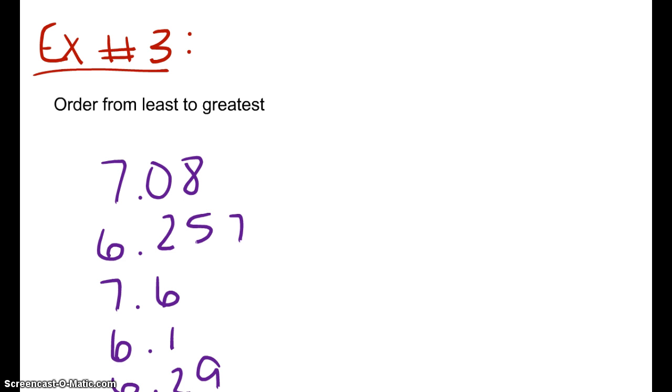Okay, ordering them from least to greatest. Doing the same thing. I've already lined all of them up here. Since we're doing least to greatest, I have to look for the smallest number first. So I'm automatically drawn to these 3 numbers because they have a 6 as a whole number. So that's going to be smaller. So I'm going to rewrite those numbers up here just so we can compare those 3 first.